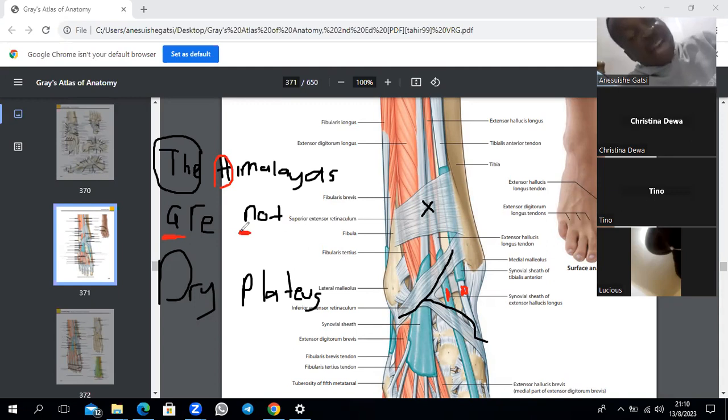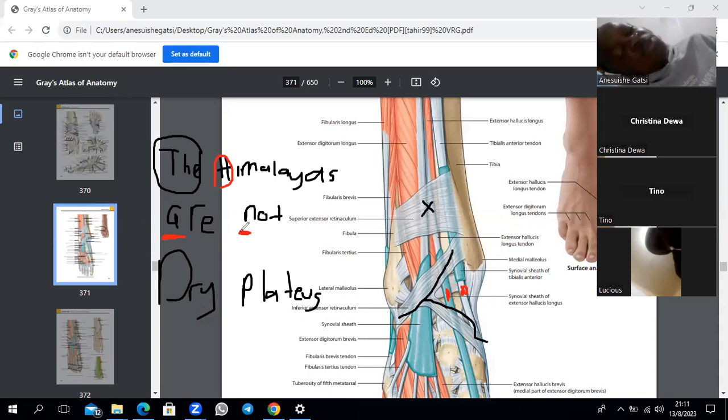Right. Note the N, it's a nerve. So the nerve from the anterior leg was the deep peroneal nerve. So remember, when we're doing leg, I said that the deep and the superficial peroneal nerve, they are so named deep and superficial in relation to what they do at the ankle. So at the ankle, the deep peroneal nerve passes deep to this retinacula versus the superficial peroneal nerve, which passes superficial.